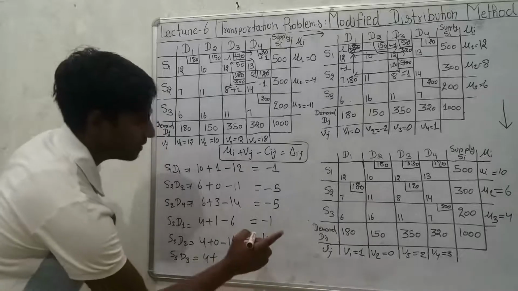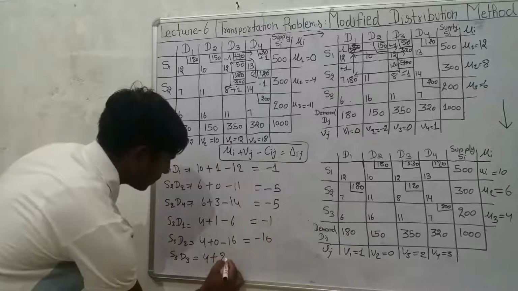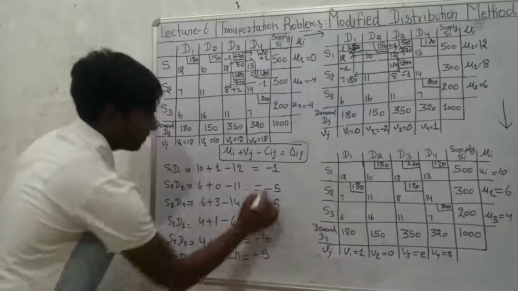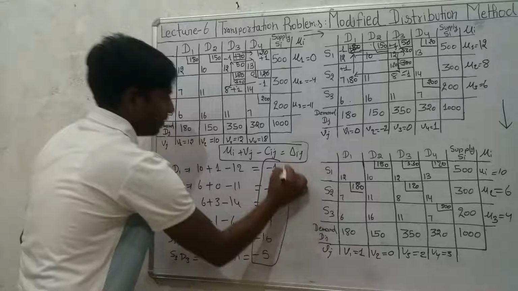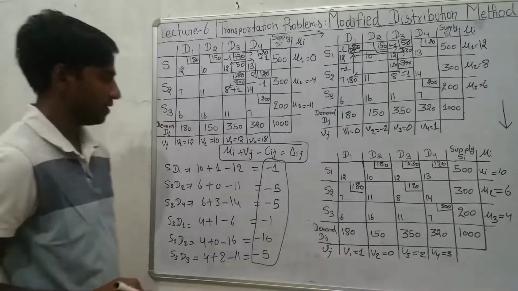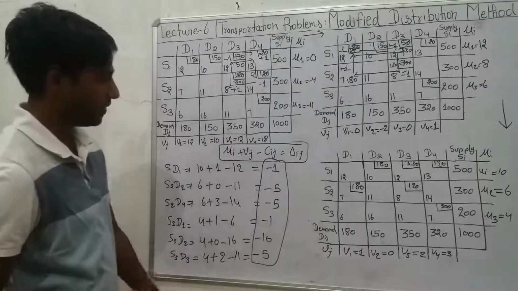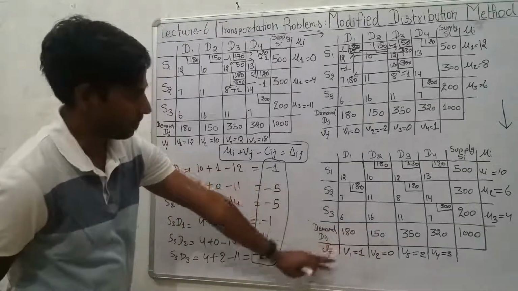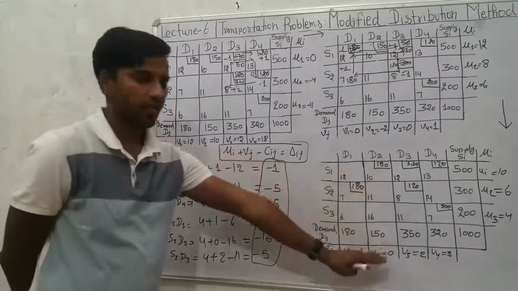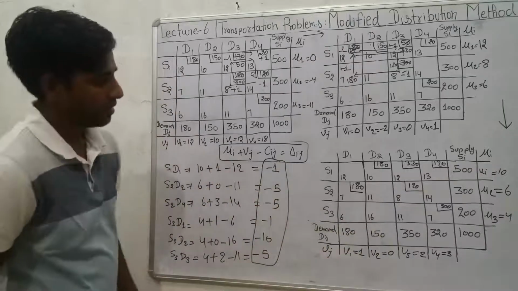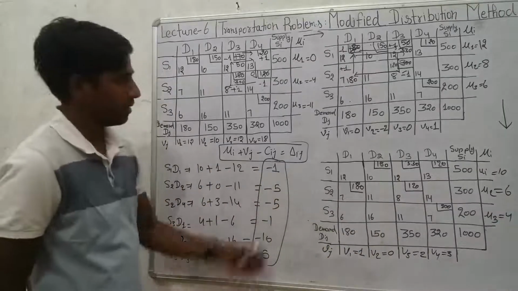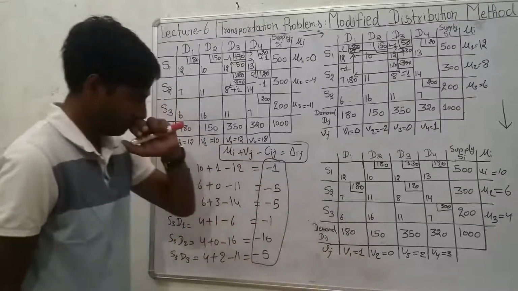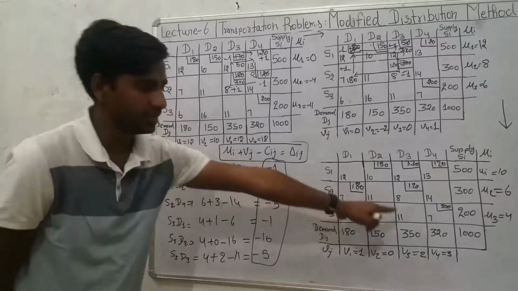For V3, it is 2, and the cost is 11. So minus 5. So all the opportunity costs are negative. So we can say that finally we got the optimal solution of this transportation problem. It is the optimal solution that provides the minimum total cost of this problem. The total cost would be minimum if we allocate these cells in this manner.